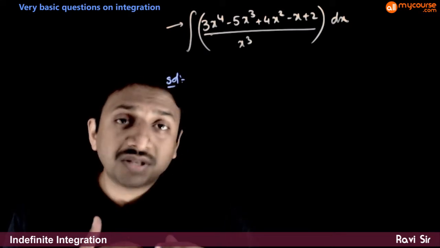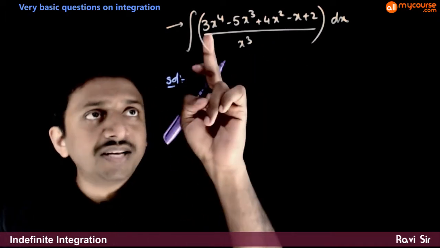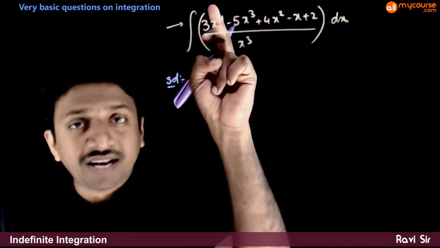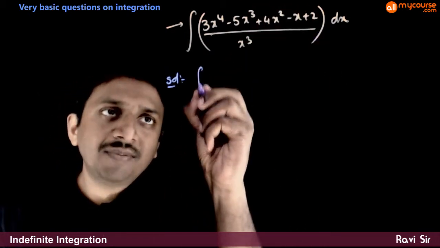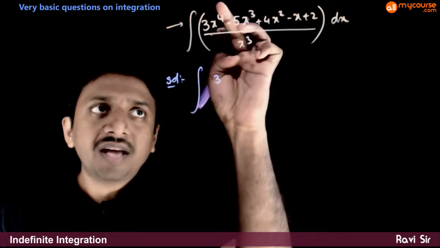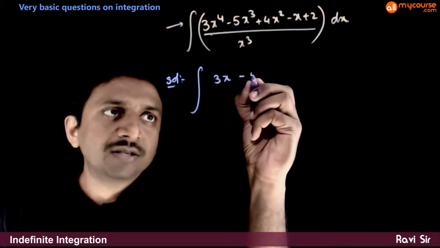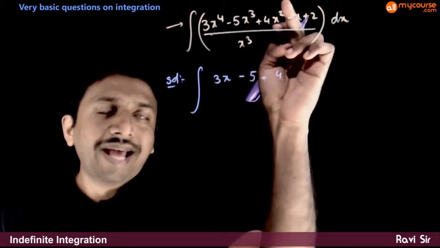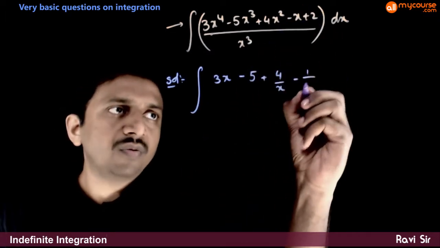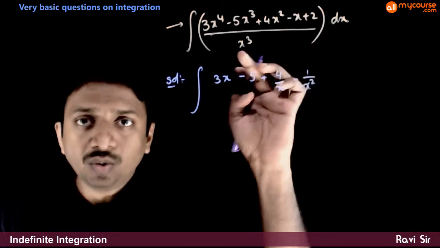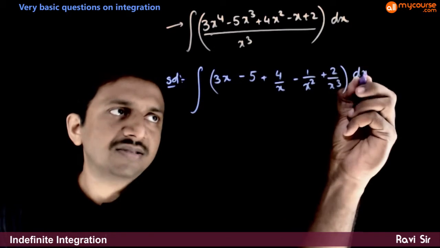First, to simplify this expression, I'll separate the individual terms. That is, x³ will be divided for x⁴, x³, x², x as well as 2. So this can be written as the integration of 3x⁴ by x³ is 3x, minus 5x³ by x³ is 5, plus 4x² by x³ is 4 by x, minus x by x³ is 1 by x², plus 2 by x³, dx.